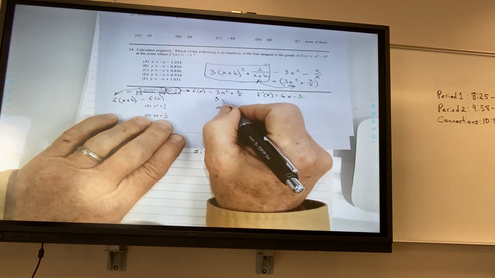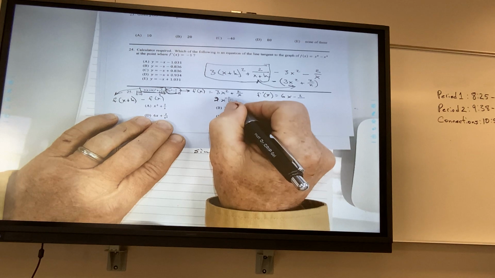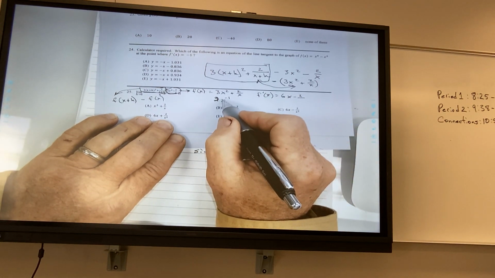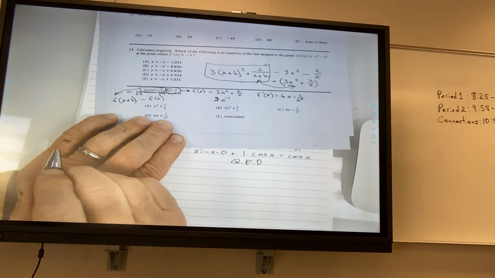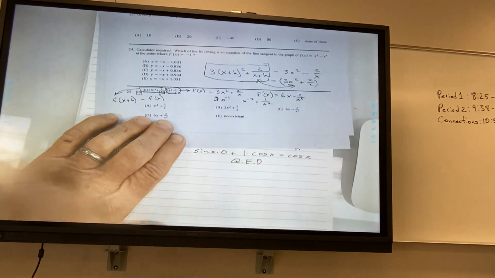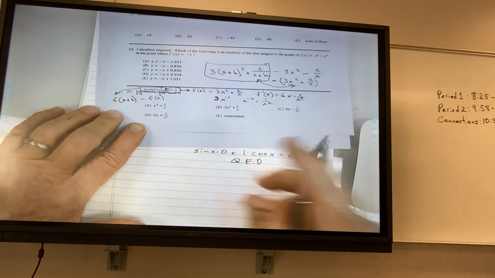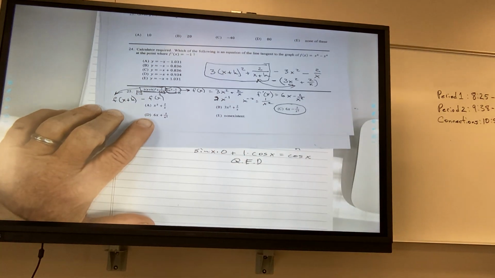Remember, this is 2x to the -1, so you're going to get a -2, and then you're going to subtract 1, and that'll be a -2, correct? So it's just going to be over x squared. X to the -2 is equal to 1 over x squared. And so once you know that, you can see it is C.